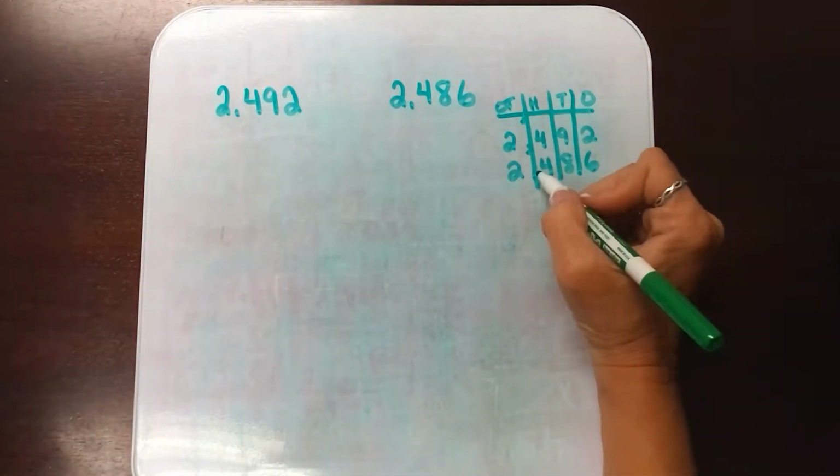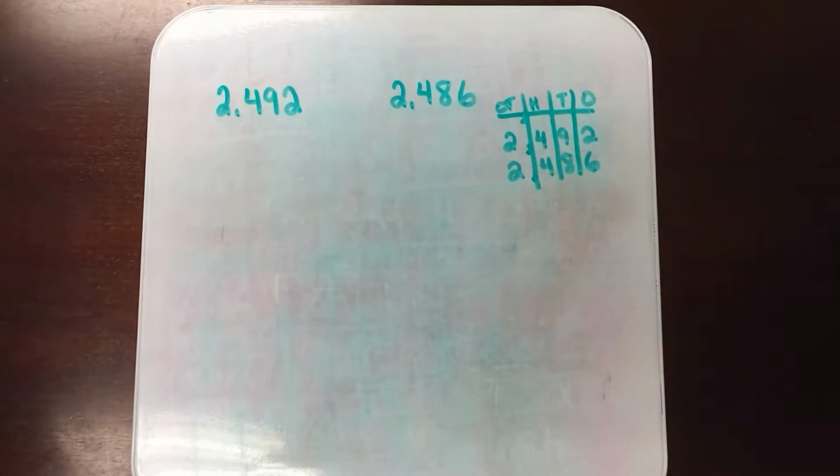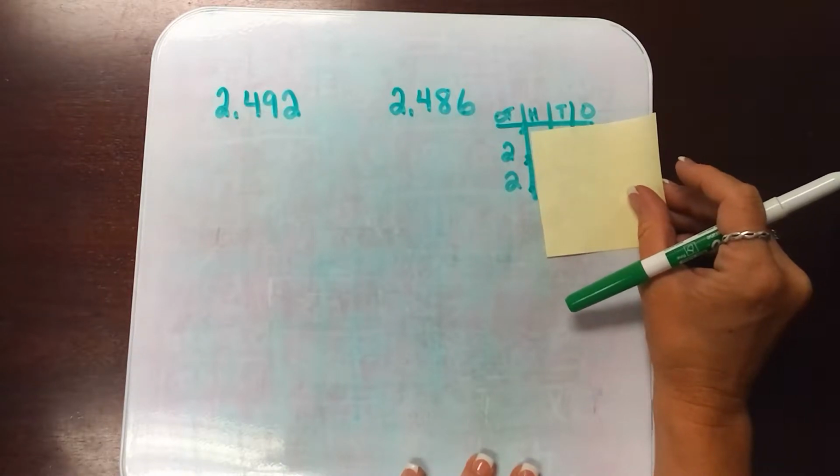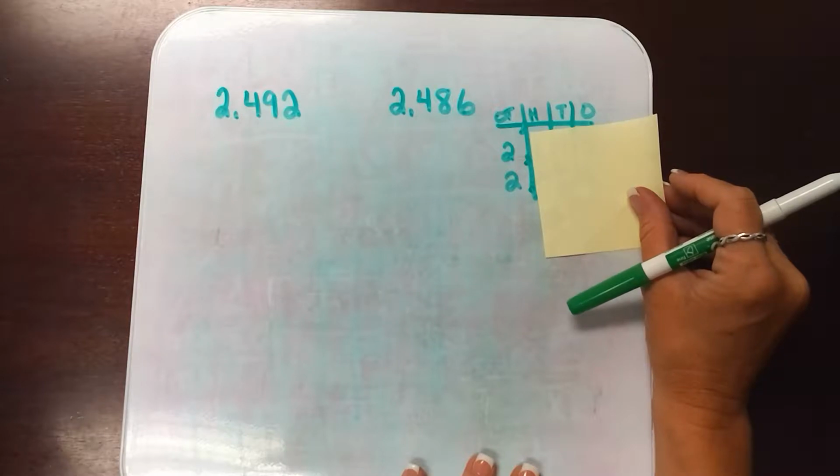Then what I used to do with my students is we would take tickets or a sticky note, post-it note, whatever, and we looked at the largest place that both numbers had in common. So I have a 2 and a 2. So at this point I do not know which one's larger.